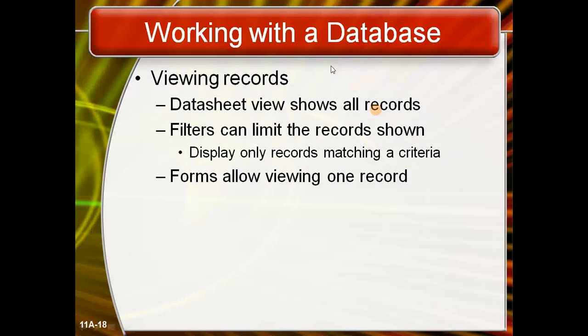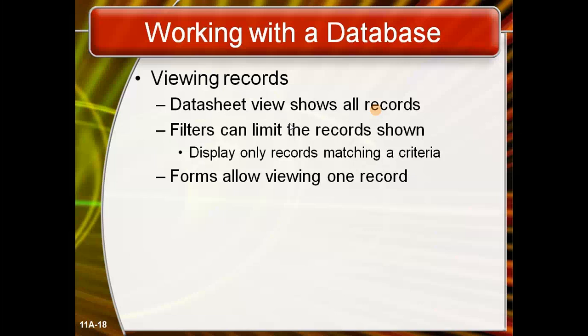Working with database, viewing records. Datasheet view shows all records. Filters can limit the records shown. For example, if you wanted to see the employees who have been working in the organization for more than 3 years, you will get a limited number of records.